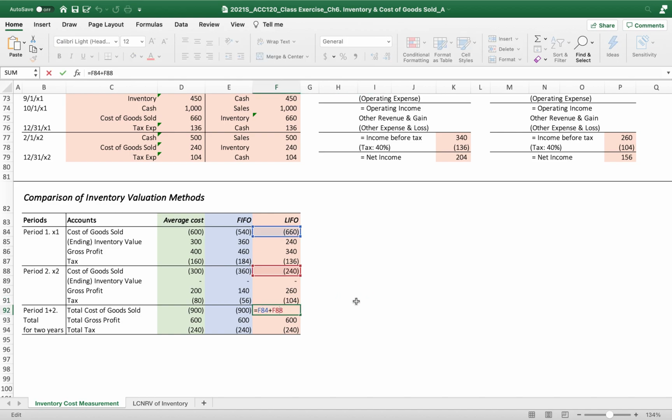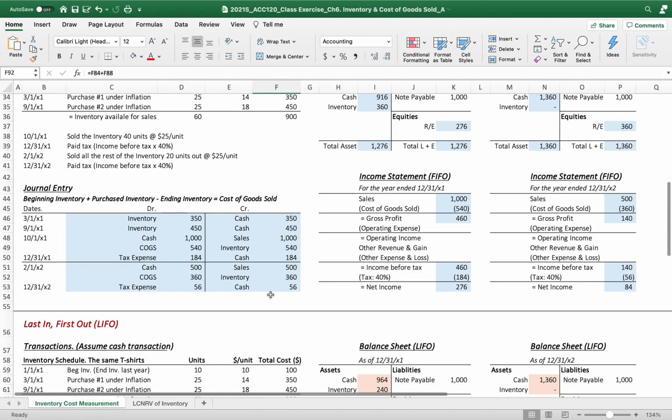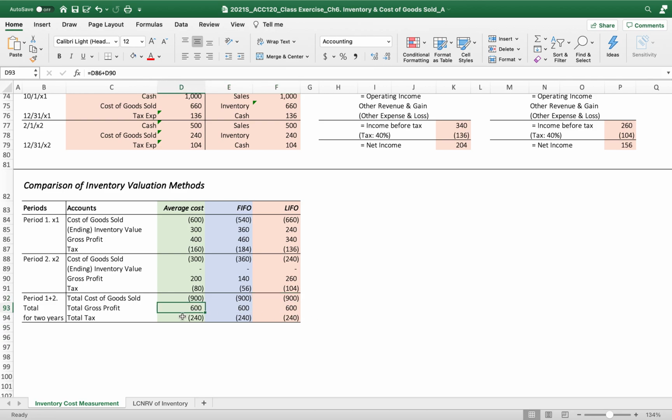But when we combine the total cost of goods sold throughout these two periods, they are the same. All the methods are the same because we have the same total inventory available for sale, 900, right? So 900 was the total capacity. So the point of this exercise is how we allocate the cost of goods sold based on the different inventory valuation methods, right? And the gross profit is also the same, and the total tax is also the same.